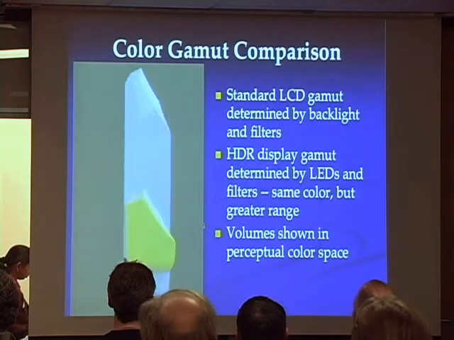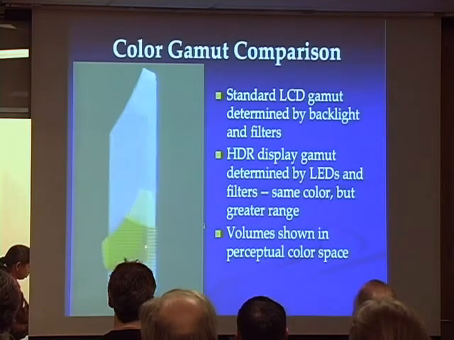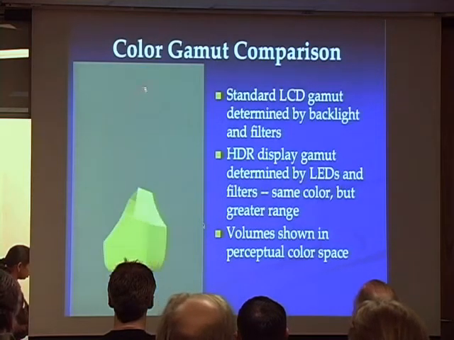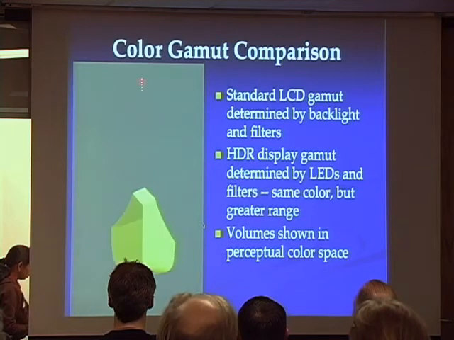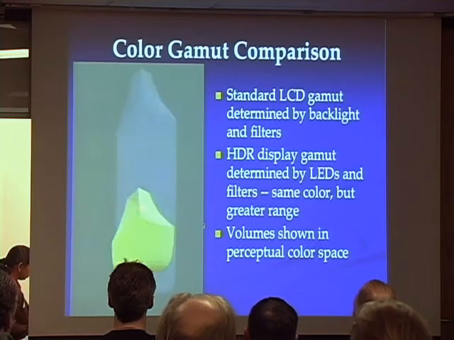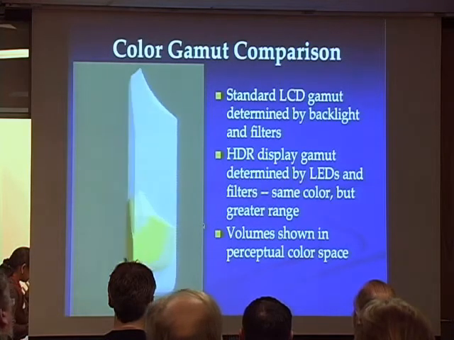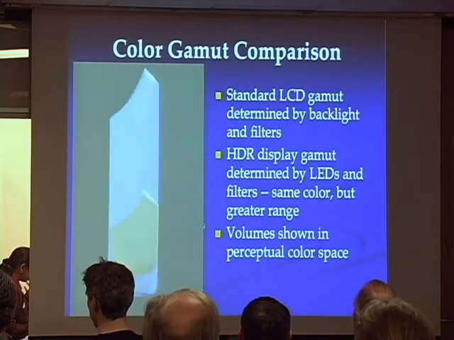But what you see with the HDR volume is that it covers roughly the same color area, but because it spans such a greater luminance range, you can maintain these saturated colors to much higher levels. So it also gives you additional apparent color.